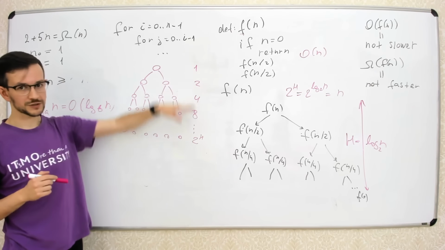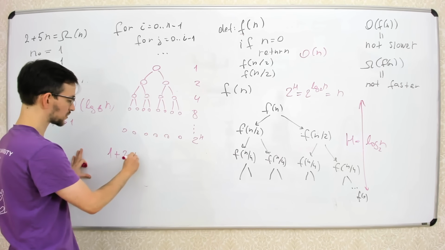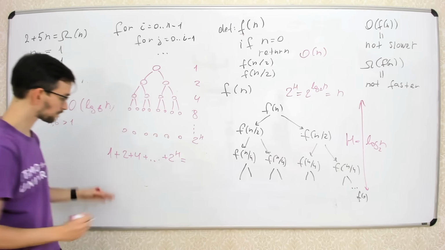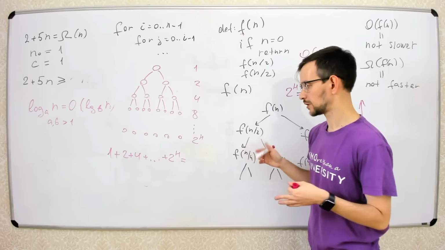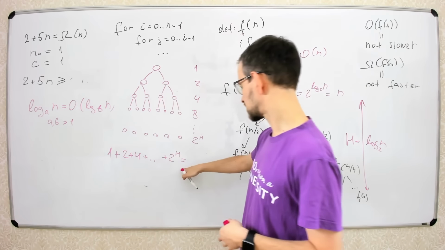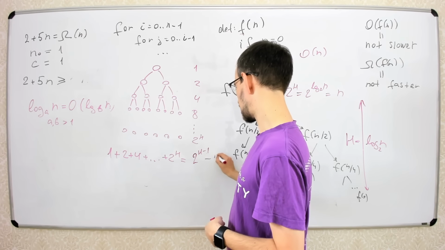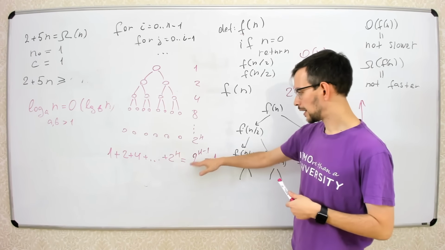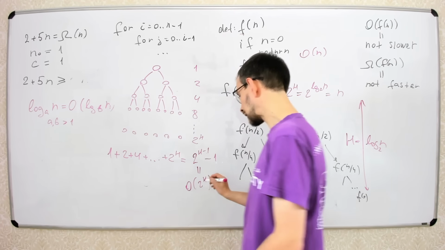Now we need to calculate the sum of all these elements. So we need to calculate the sum 1 plus 2 plus 4 plus and so on plus 2 in the power of h. This is the sum of a geometrical progression. So the sum of these powers of 2 will be 2 in the power h plus 1 minus 1. And this is big O of 2 in the power of h.